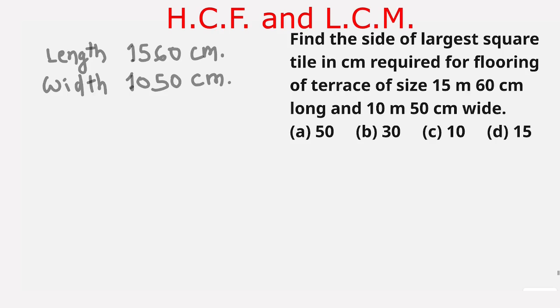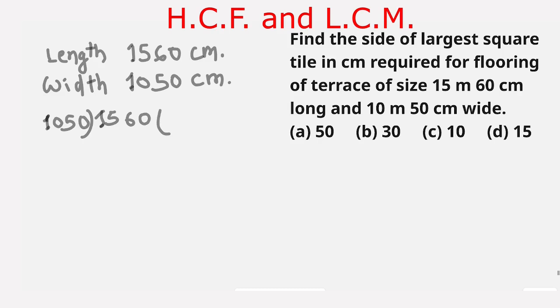What we have to do? We have to find out the HCF of these two numbers, and that will be the length of the side of square tiles to be used for flooring. We will find it by division method.